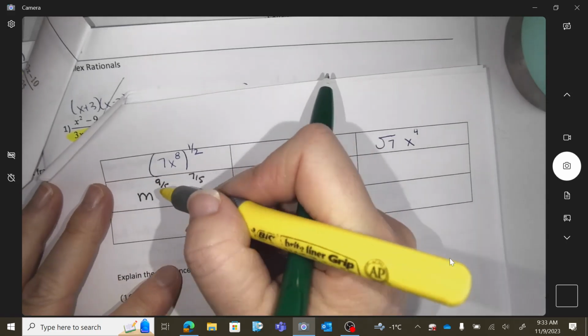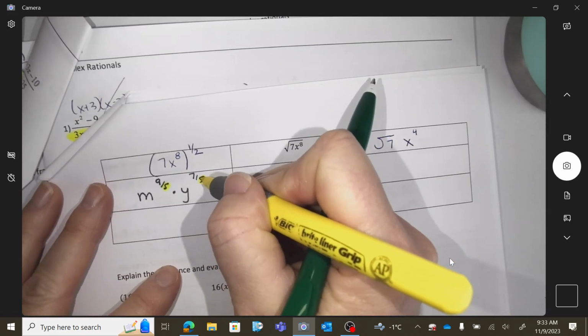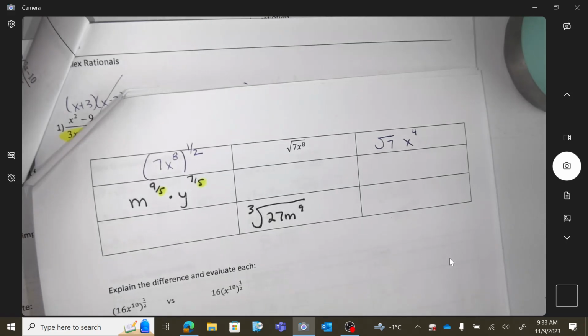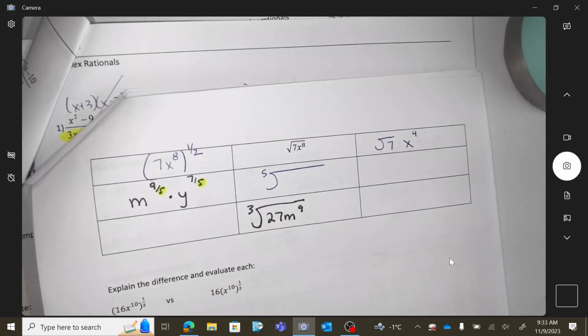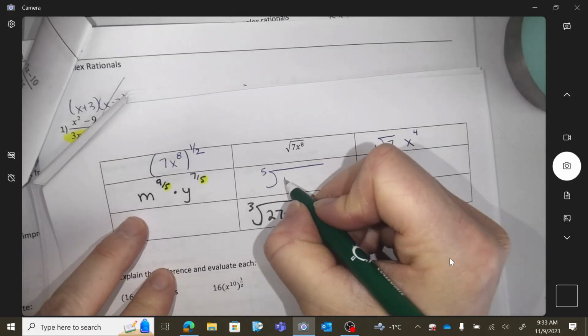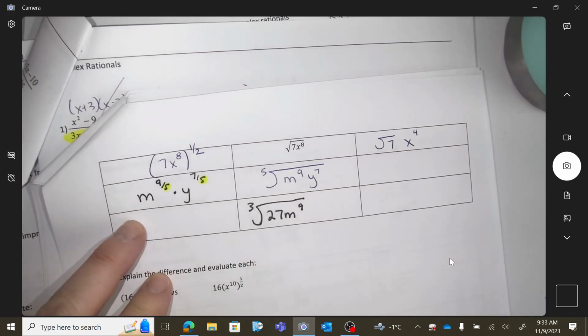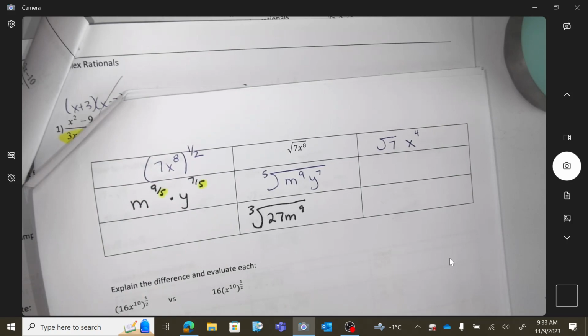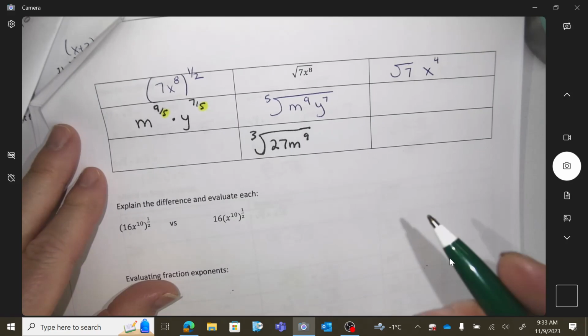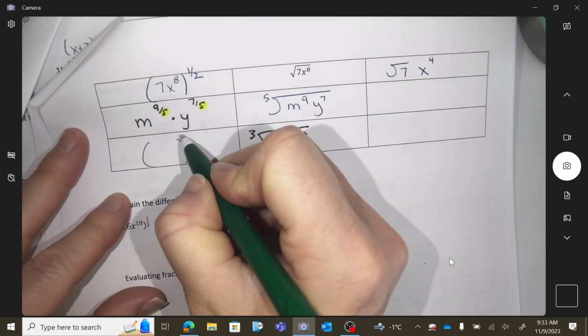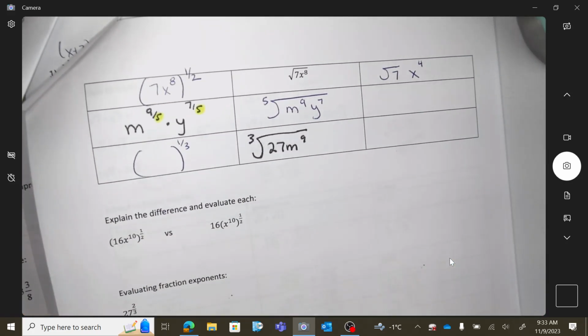Okay, this one, what am I noticing? There's a 5 on the bottom and a 5 on the bottom, so I'm doing a 5th root of stuff. Okay, and then this last one is a cubic root. So 1/3.